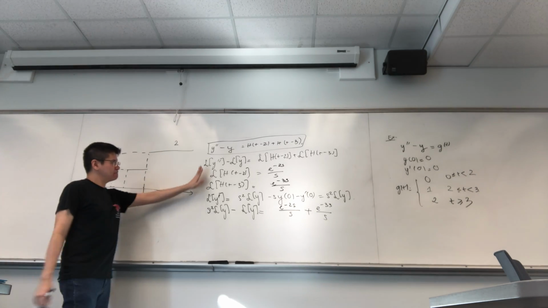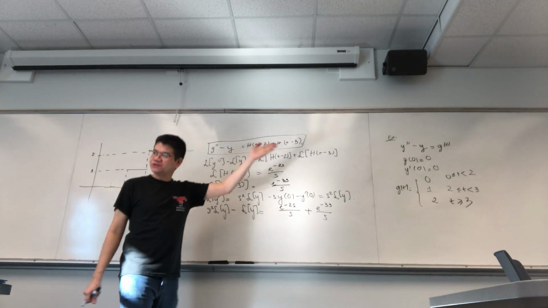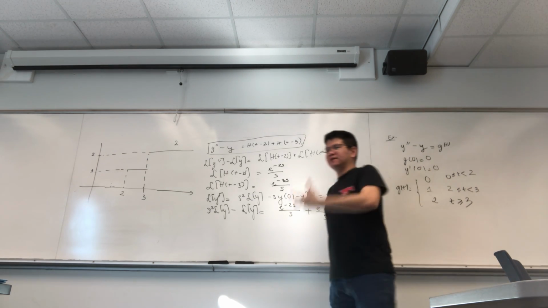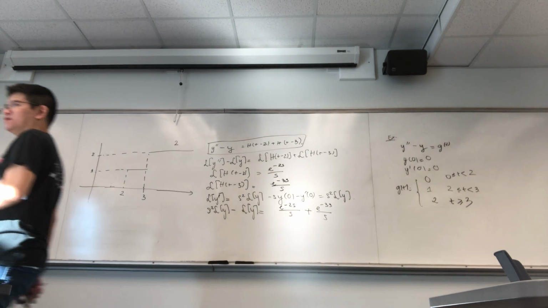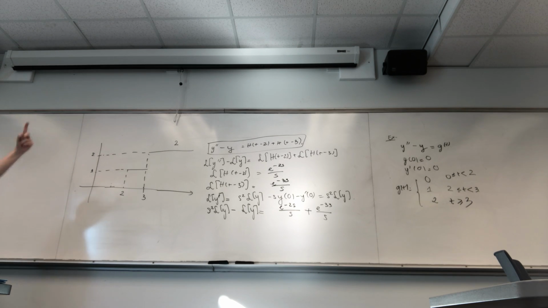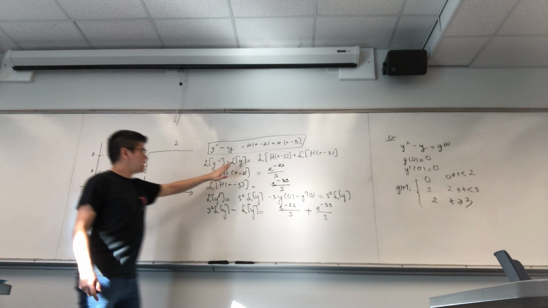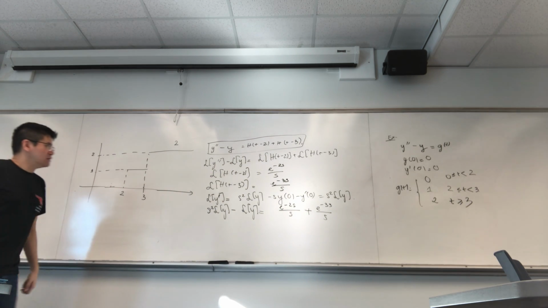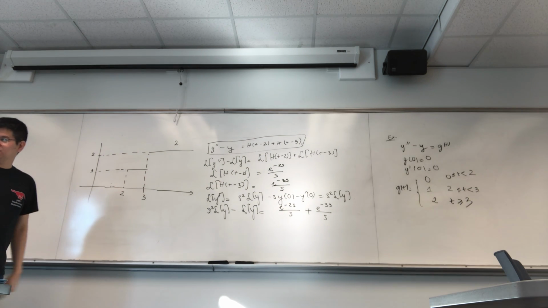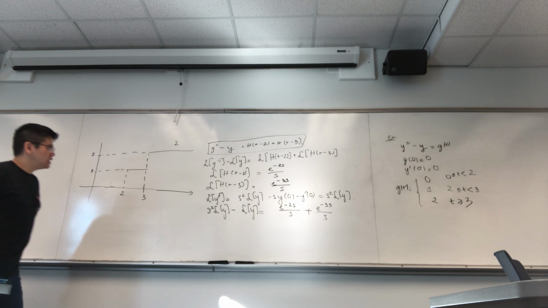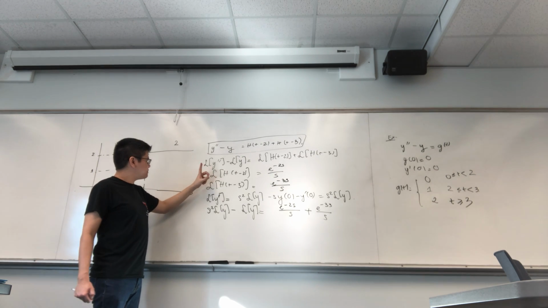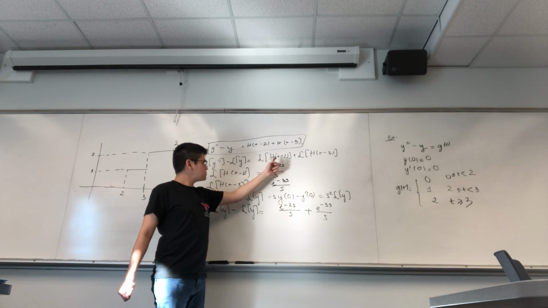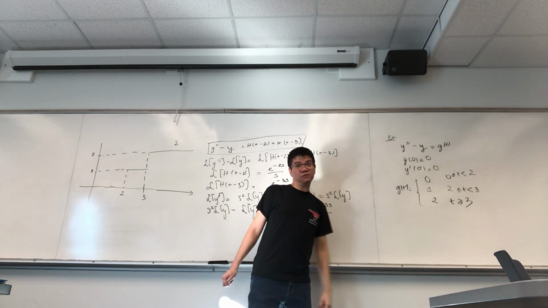So I explain again. The first thing I have to do is write the forcing term in terms of the Heaviside function. So it will be H(t minus 2) plus H(t minus 3). Now I take the Laplace transform on both sides of this equation. The Laplace transform of y double prime minus y is the Laplace transform of H(t minus 2) plus the Laplace transform of H(t minus 3).